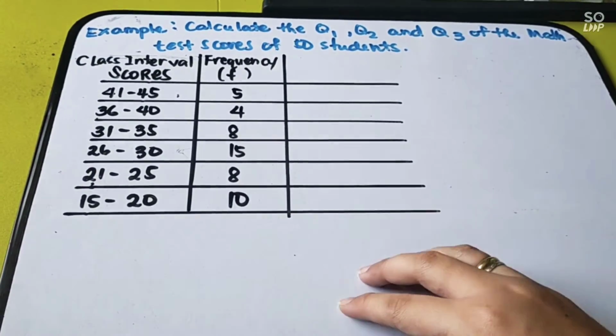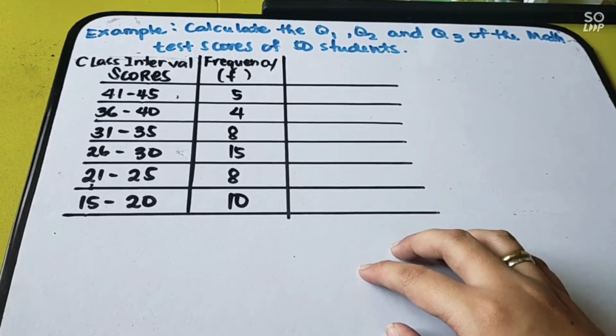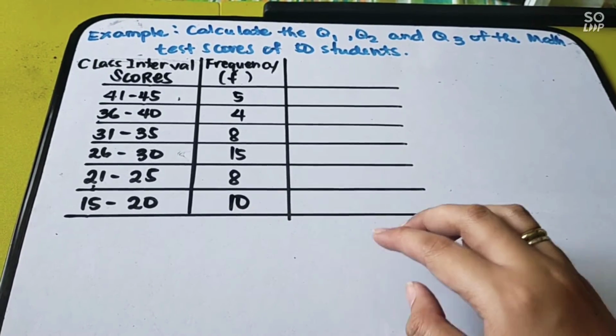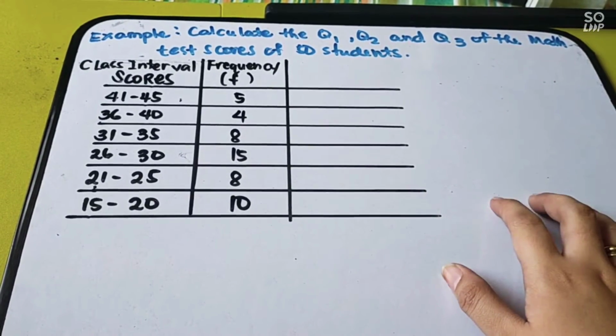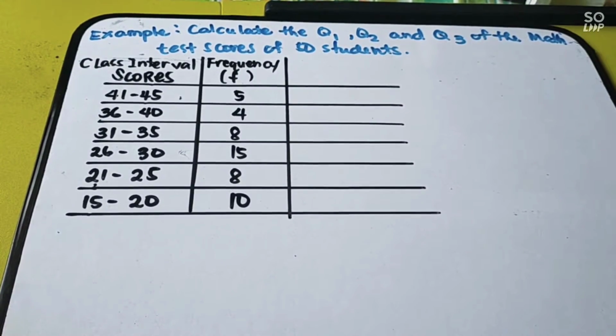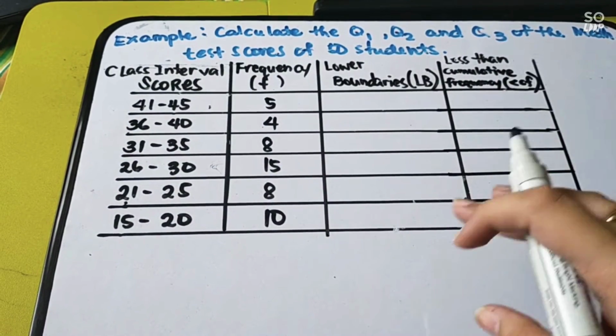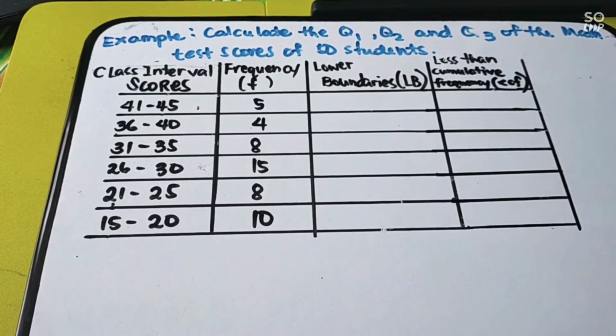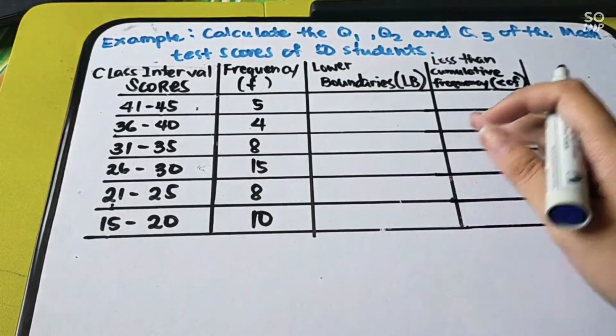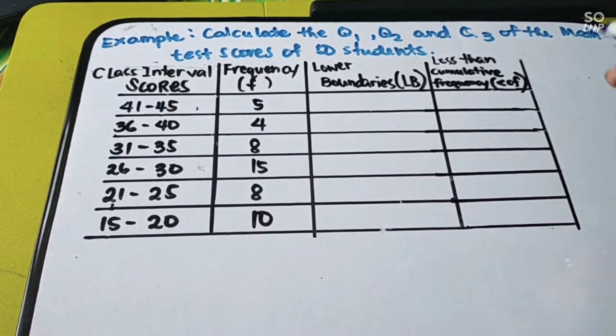Okay? So the first step, we first need to get the lower class boundaries and the less than cumulative frequency. Let us complete the table. Find the lower class boundaries of each and the less than cumulative frequency.